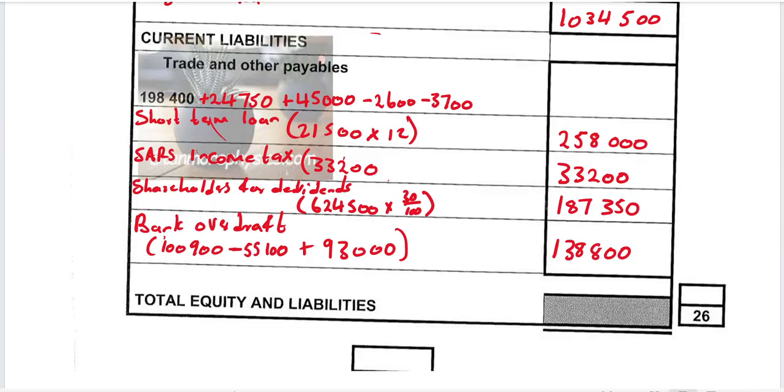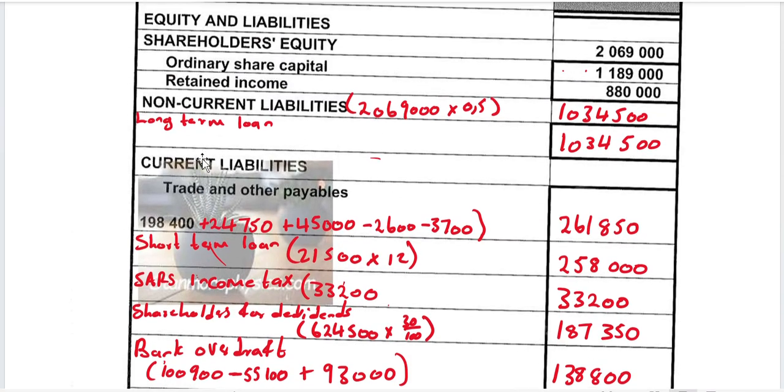And then the short term loan, we have the total. Let's totalize this one. When we punch our calculator, we get 261,850.